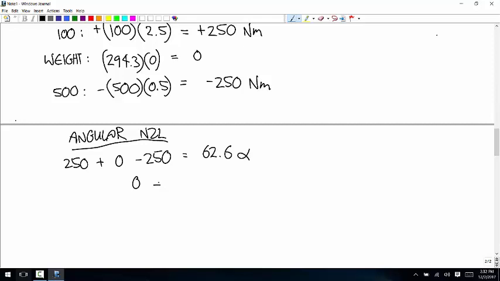And that says 0 is equal to 62.6 alpha. So the angular acceleration is 0. Those two exactly balance each other.